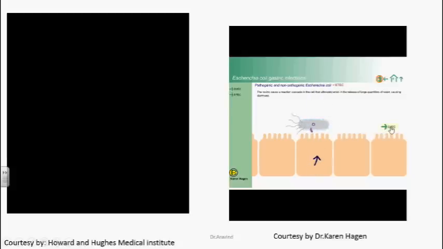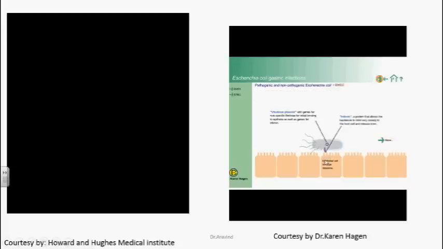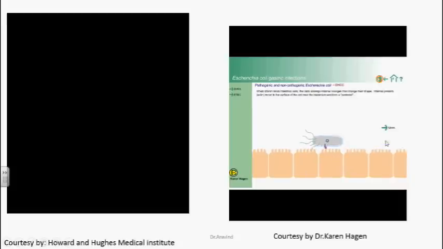Now we can observe one more variety of E. coli strain, that is enterohemorrhagic E. coli. This is enterohemorrhagic E. coli, enters into the GI tract and it attaches to the epithelium with the help of bundle forming pili and intimin, and after attachment it releases the Shiga toxin.